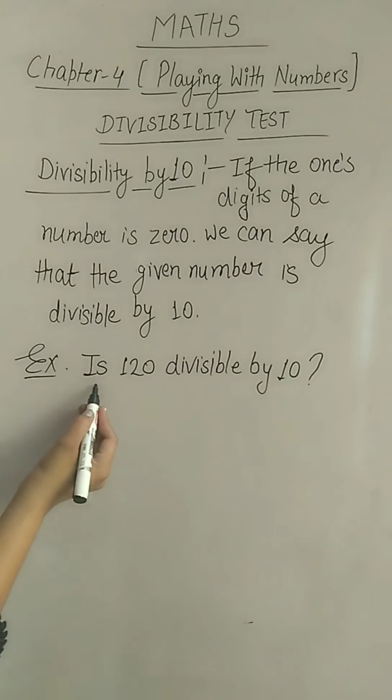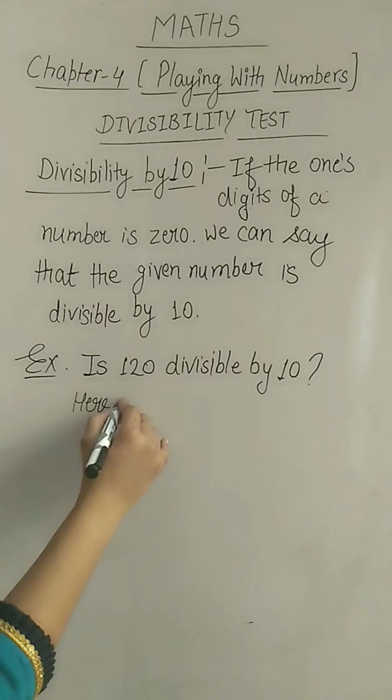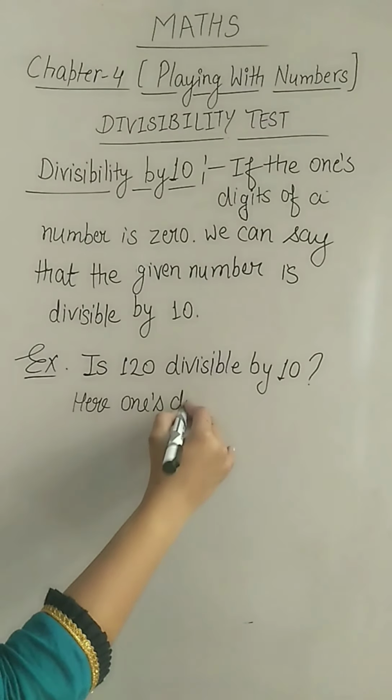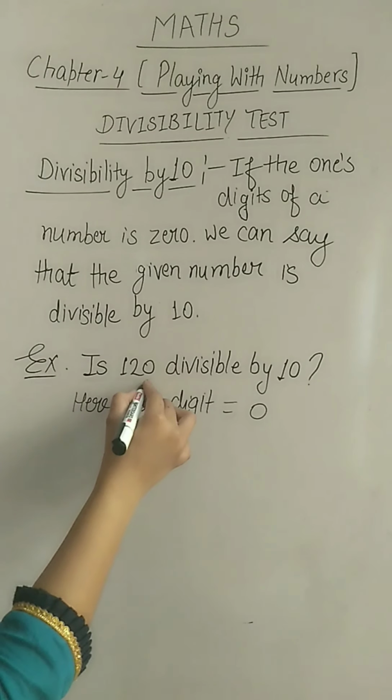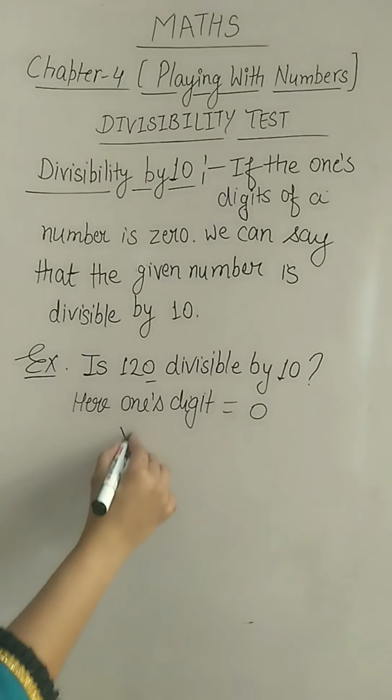This is an example: is 120 divisible by 10? So students, as you all know, according to this rule, we only have to check the ones digit. So here the ones digit is 0. So students, that means it is divisible by 10.